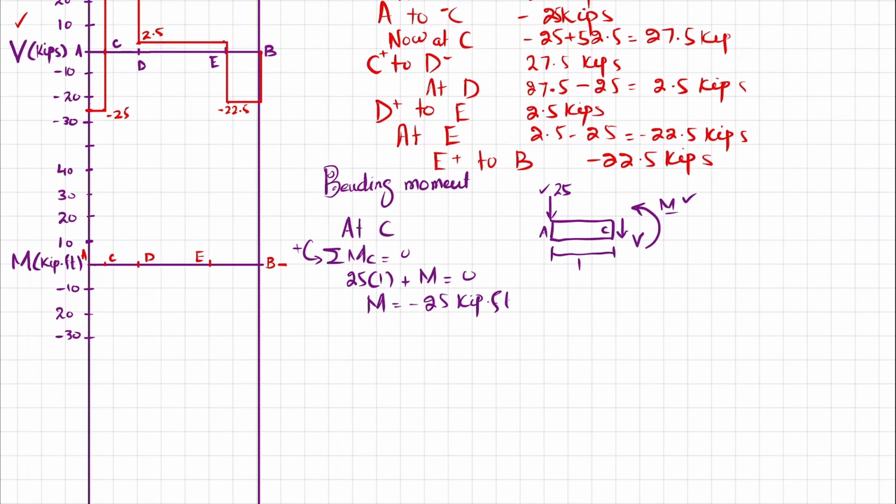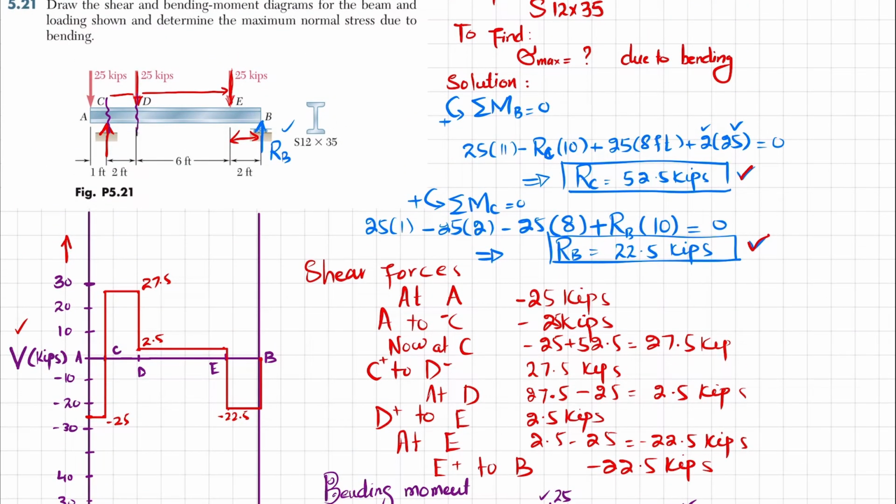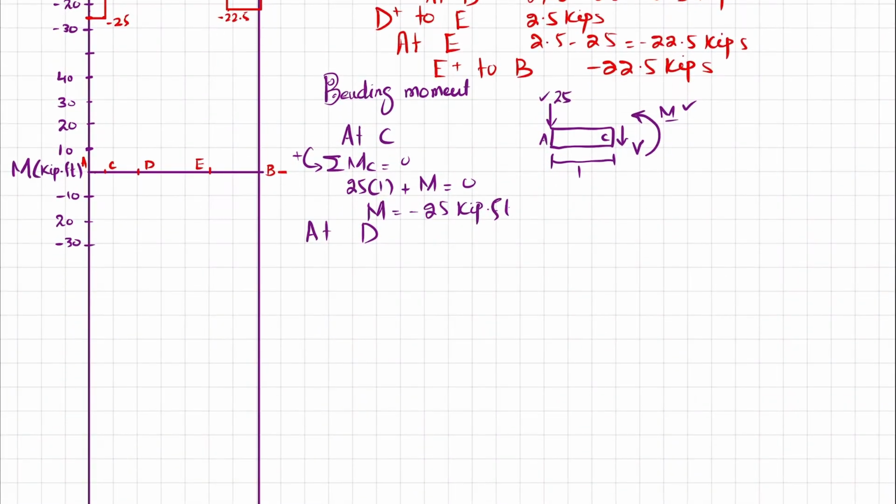Now we will move toward point D. At D, I will show you, you have to cut the beam over here and draw the free body diagram. So now this is the beam. This is point A where you have 25 kips load.